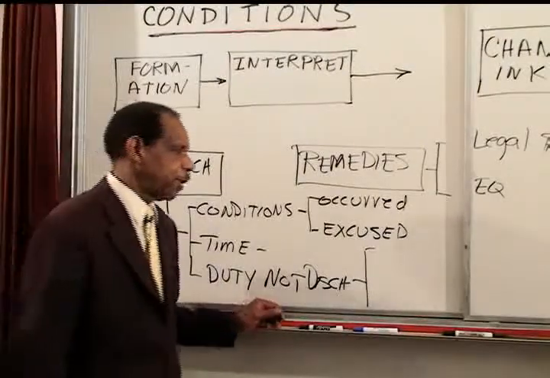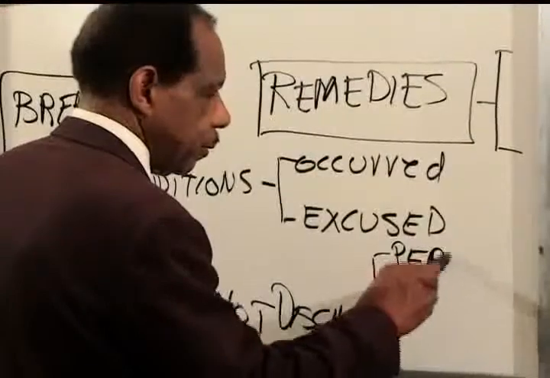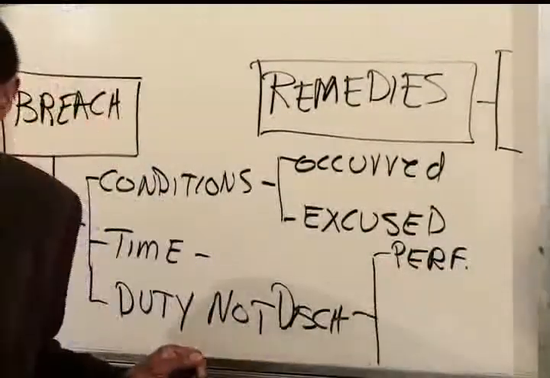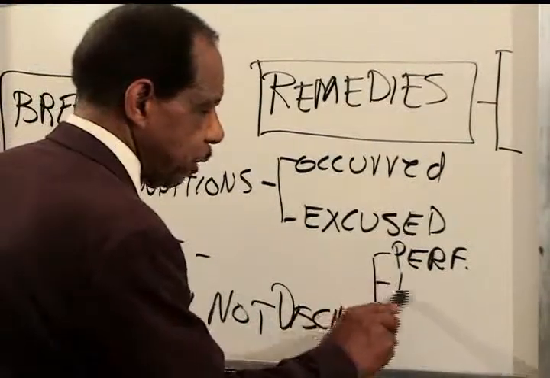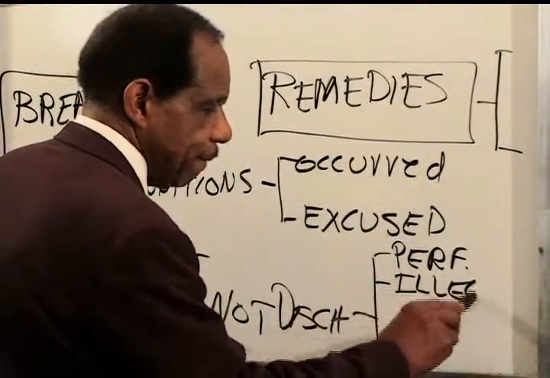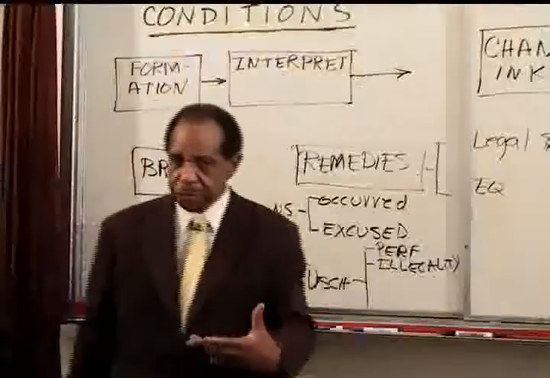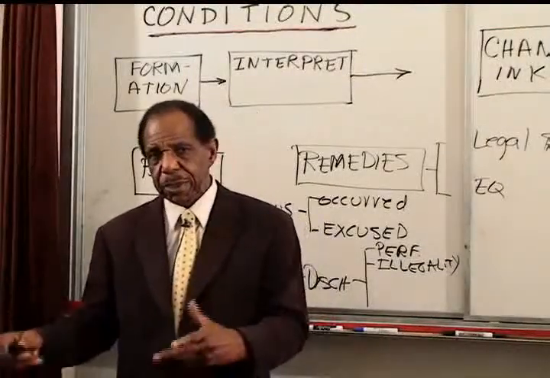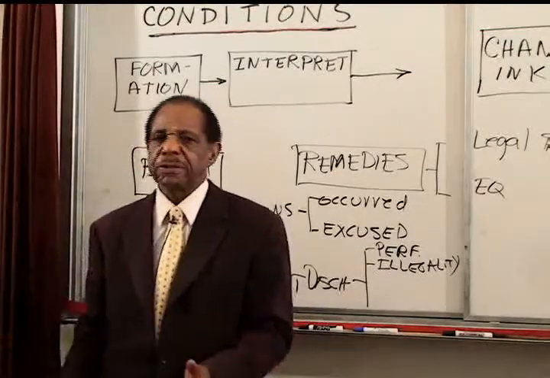For example, I can discharge my duty by performance. If I've done it once, I don't have to keep doing it. My duty can be discharged by illegality. So, for example, I was going to build your house at this location, but before I started building, the zoning changed, and it's now illegal to build a house there.